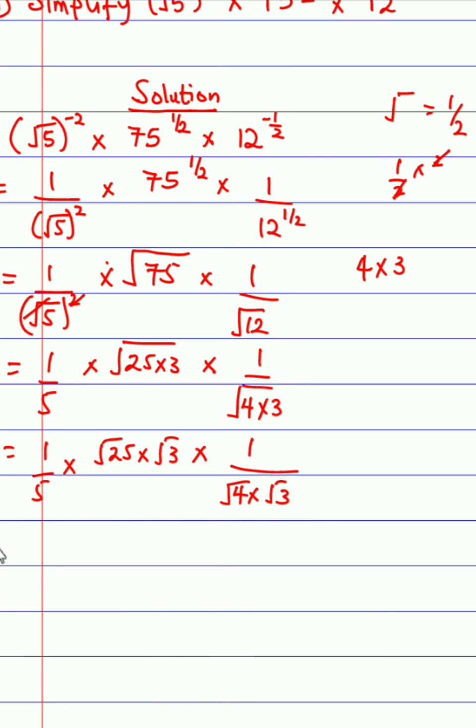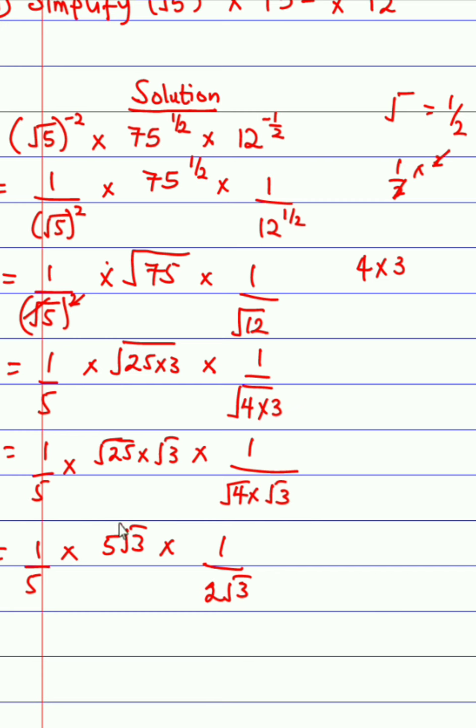So we have 1 over 5 times, now what is root 25? Root 25 is 5. That 5 times root 3 gives us 5 root 3, times 1 over, what is root 4? Root 4 is 2. 2 times root 3 gives us 2 root 3.